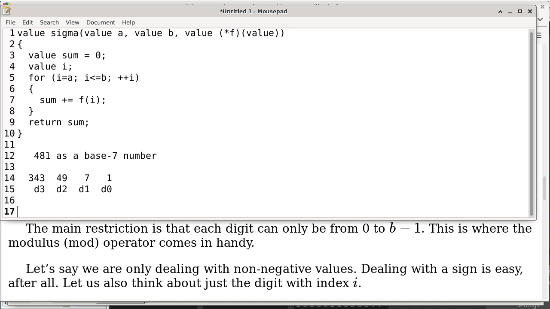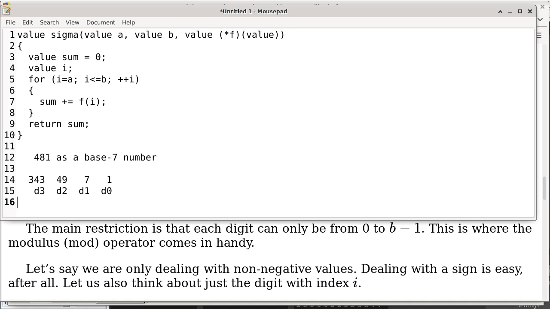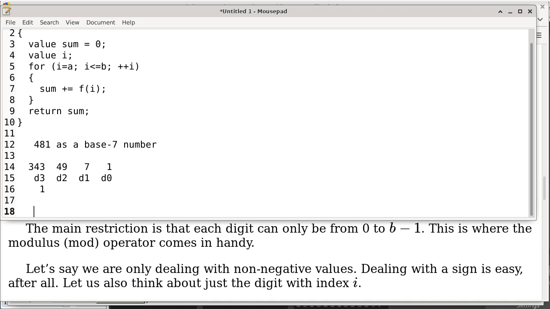Okay? So we look at the value that we want to represent, which is 481. We say, yeah, we'll need 1 343. So now we do the math. 481 minus 343, because that would give us what is left. So that would give us 138. Is that right?